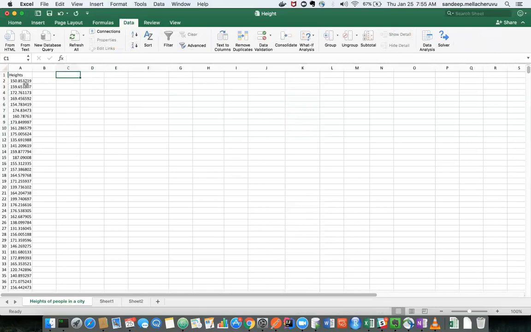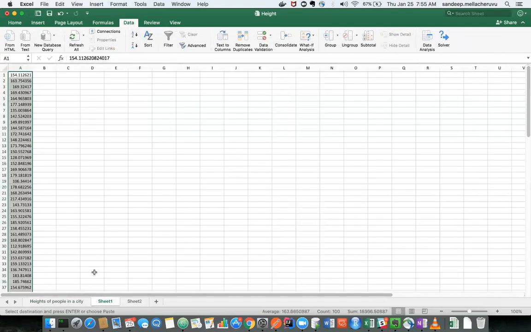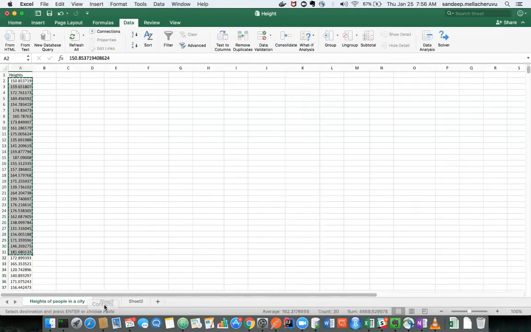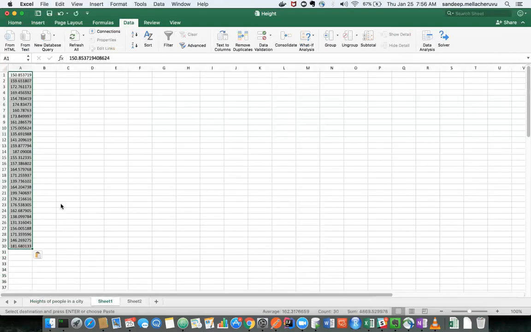Now let me take only 30 points. I'm not taking the entire thing because it will be difficult to calculate so many points. It's just for calculation simplicity. I'm copying this into another sheet. I'm taking the first 30 and thinking of this as my sample.